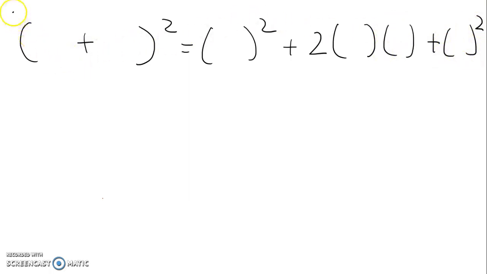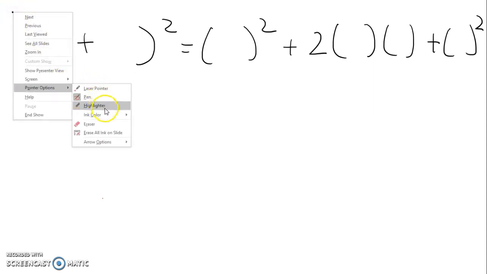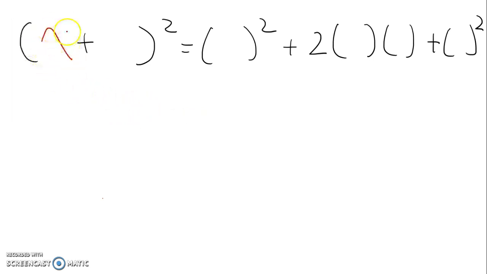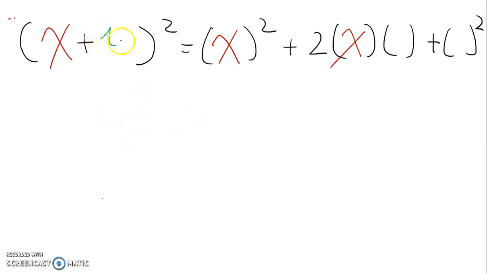I know it doesn't make much sense, but let's hope I can make sense of it. In this place, I'm going to write an x, and that is an x, and that's an x. And the other place is a y, and a y, and a y.